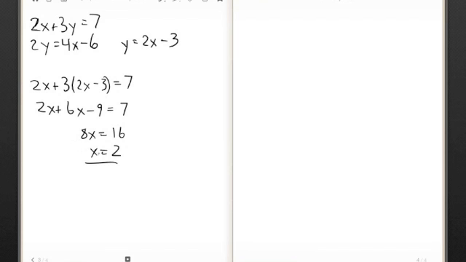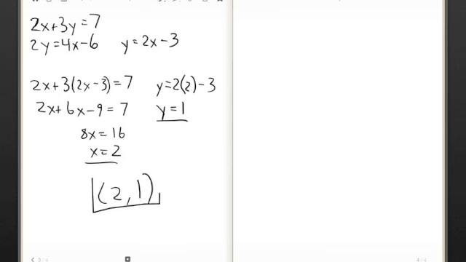And now to find y from this, we can put 2 into any of these equations here for x. So this one over here is probably the simplest one, so let's just use that. Y equals 2 times x is 2 minus 3. So y will be 4 minus 3, which is 1. And the solution here will be 2, 1.